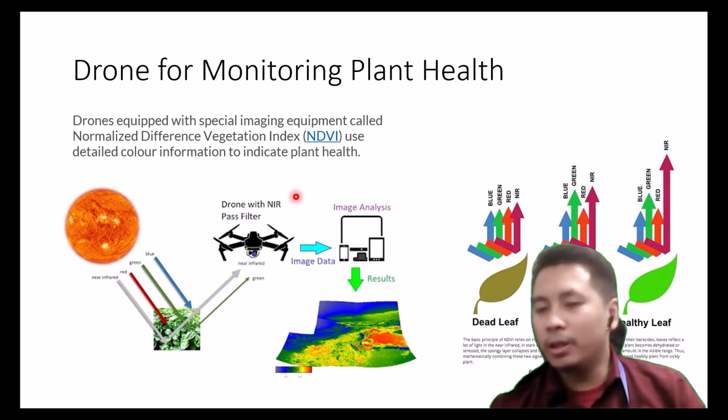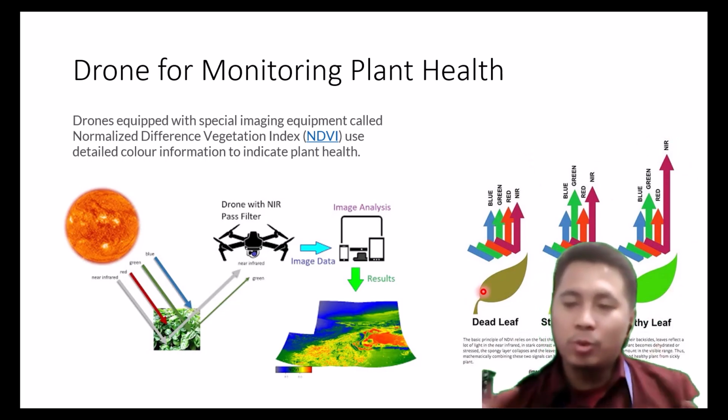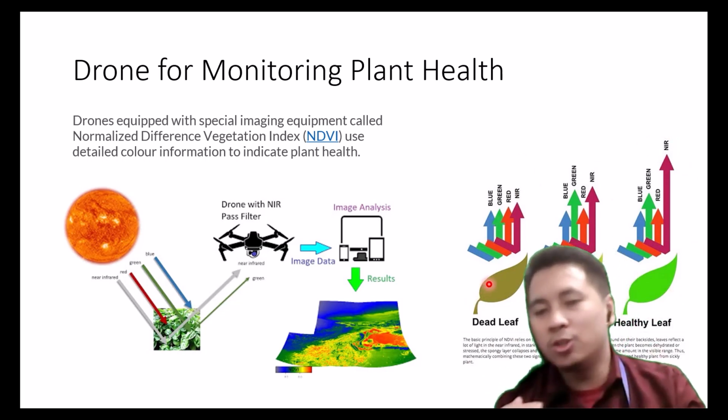For example, we can find a dead leaf, a stressed leaf, and a healthy leaf with this kind of spectral intensity. We can distinguish them with the imagery data, and that is efficient if we are using a drone.